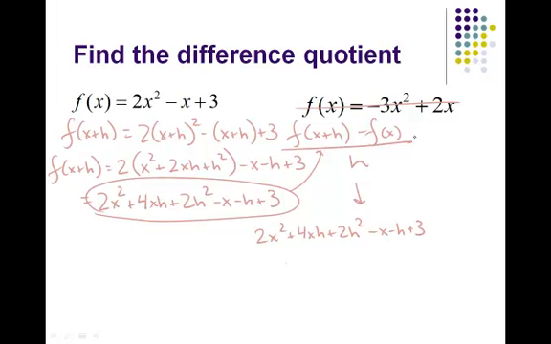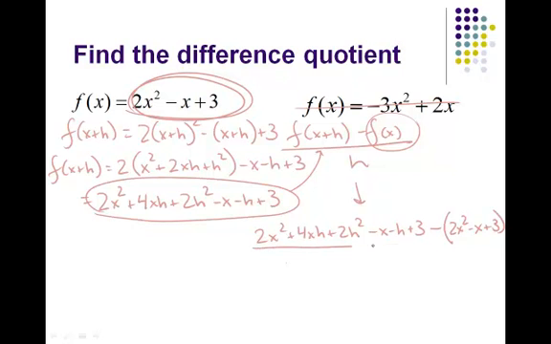From that, I need to subtract my f of x. That's this value at the beginning, so I'm going to subtract my 2x squared minus x plus 3, and that's all divided by h. So now I need to clean up the top.